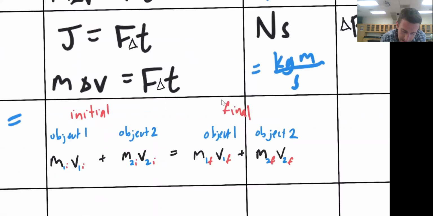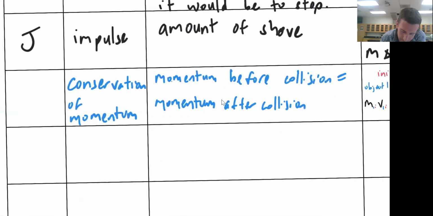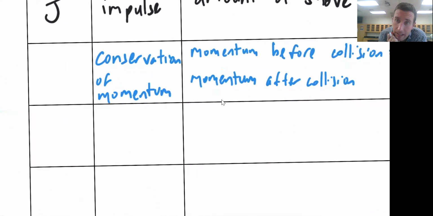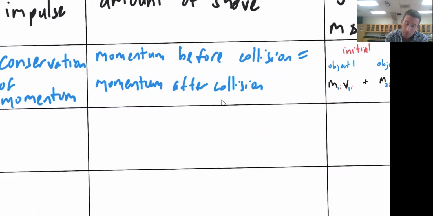All right, last thing to know for momentum is this concept of conservation of momentum. There's no variable for conservation of momentum. It's just the idea that momentum is always conserved. What does that mean? It means that the momentum before a collision is going to be the same as the momentum after a collision. And that would be the total momentum in a closed system.